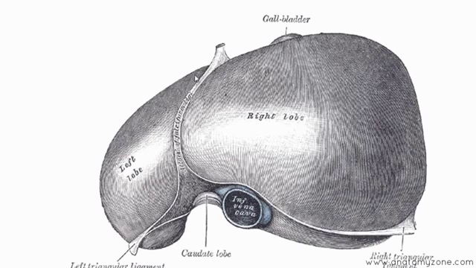And you can see the ligaments that I drew on before. You've got the falciform ligament coming up here, separating the right and left lobes, and it goes off to attach to the anterior abdominal wall. Then you've got the coronary ligaments which come down from the diaphragm, and then the left triangular ligament and right triangular ligament.